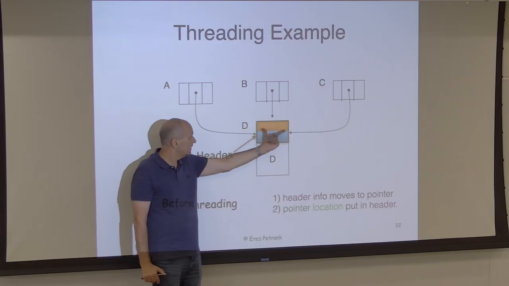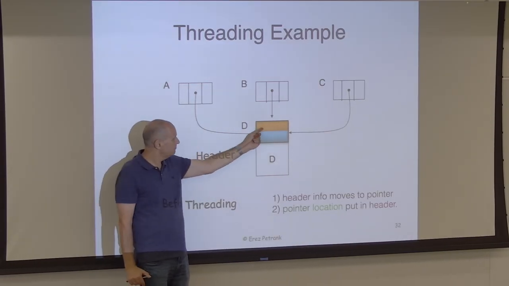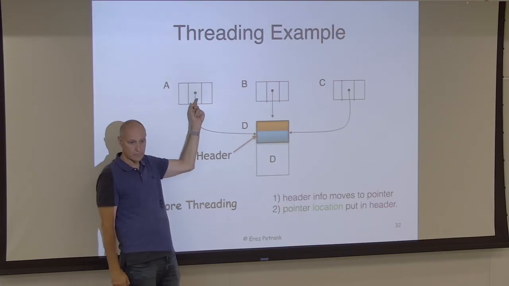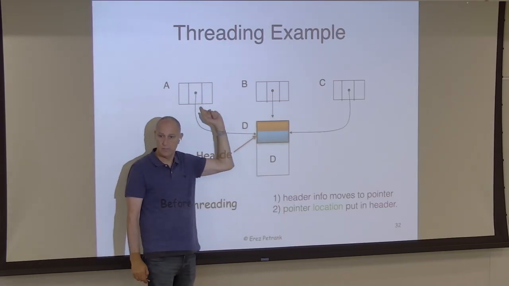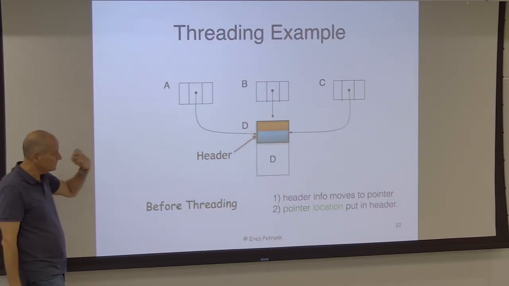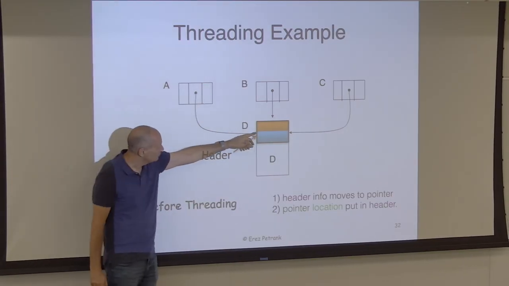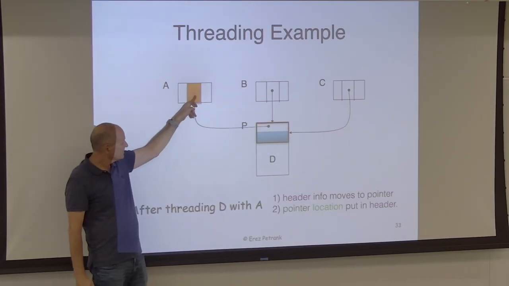So the orange thing is going to come here, and the header is going to point to this field, the reference to this object. So this is the threading of this field.